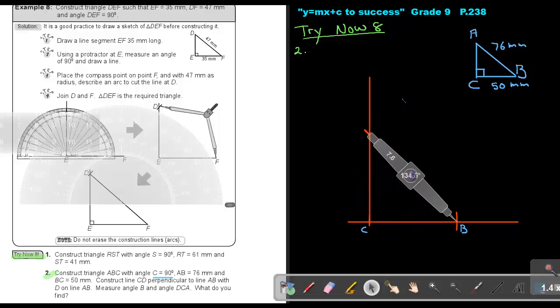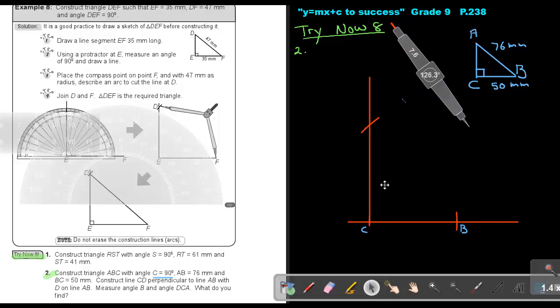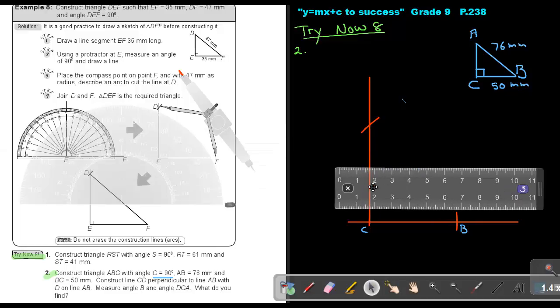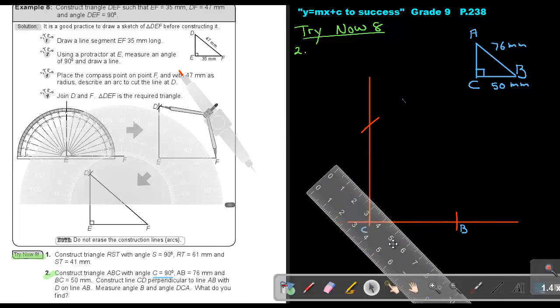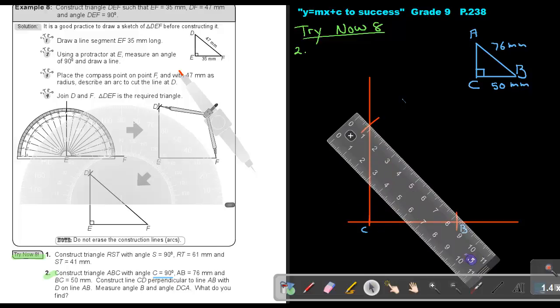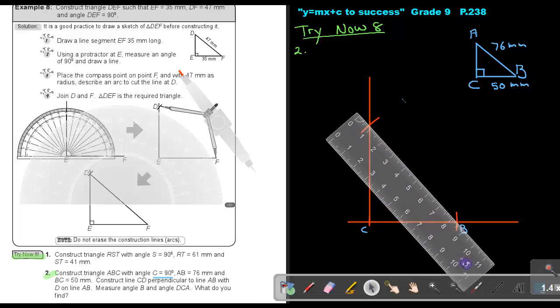Move it up until it cuts that line. Where it cuts that line, take my ruler again and move it on to this B. Okay, it's looking good.